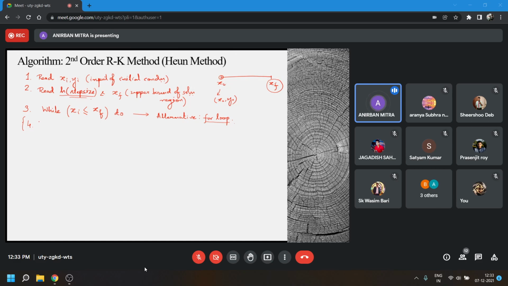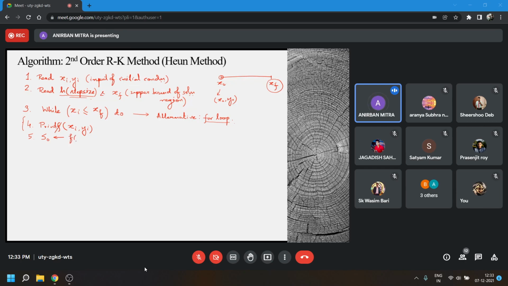But here, once we start the while loop, the first task is to print. I'll not write printf, I'll just simply write print xi, yi. Previously, I have used the index j in discussing this, but as I have already started writing i, let's not complicate matters and continue with the index i. Next step, calculate the slope s0.